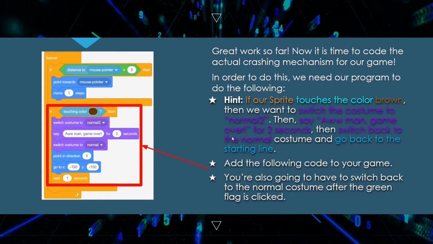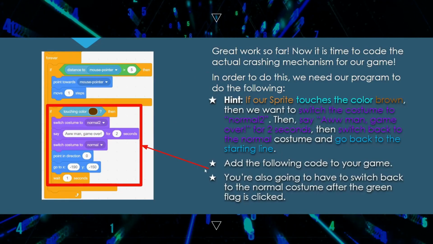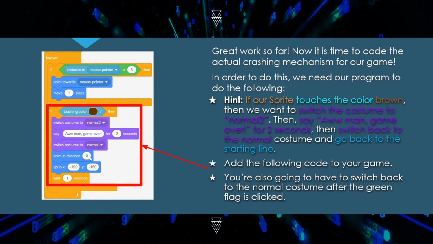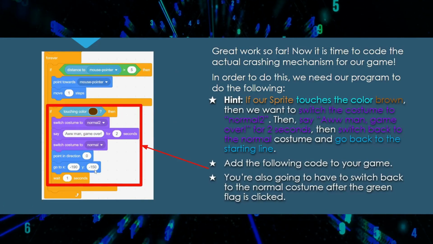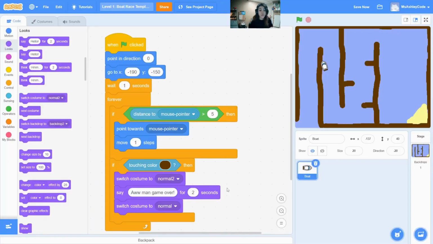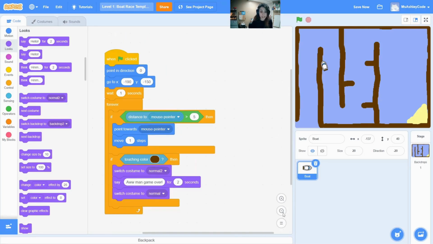That way we can go back to the position of where we started. We will point in the direction north, 0, and go to the original coordinates we started at and wait 1. So we're going to do the top code, but instead it's going to be inside our if touching brown. That way whenever we touch a brown wall, we will be reset automatically.